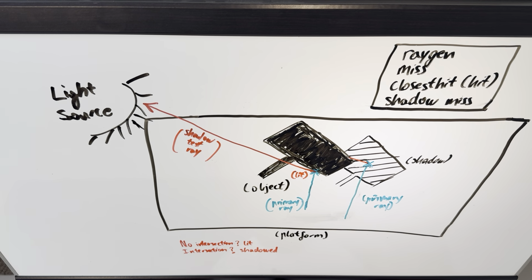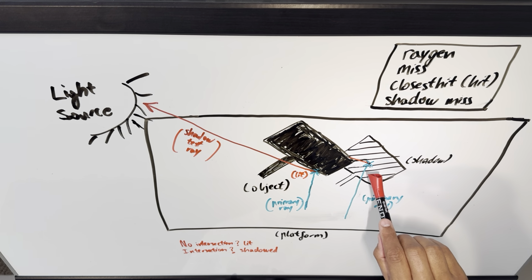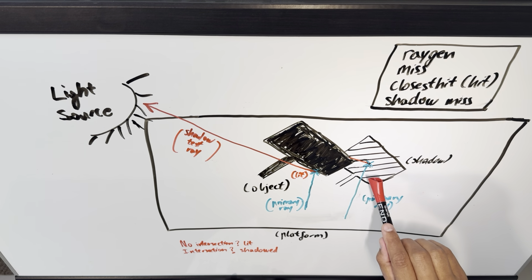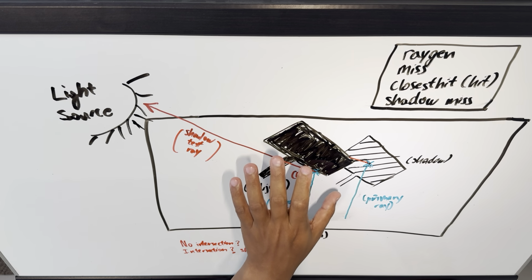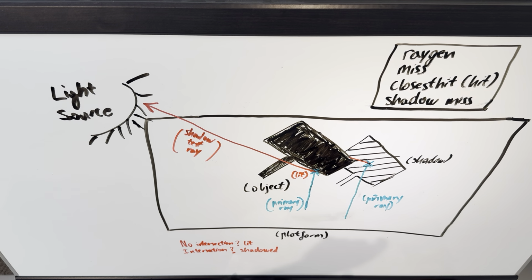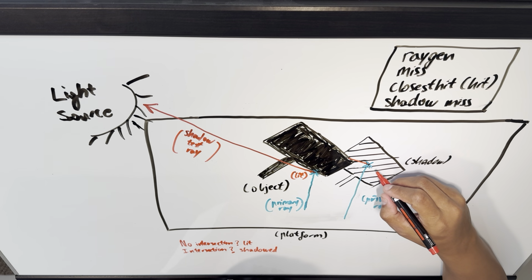So we get a hit. That the shadow ray doesn't hit our light source. It hits the object in front of it. So when our shadow ray tries to go from our intersection point, from our hit point, all the way to the light source, it's being blocked by the object in the middle. And this is how we know that this point is unlit.